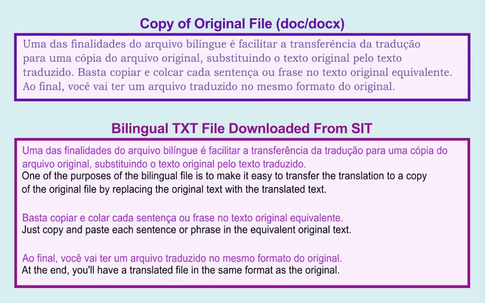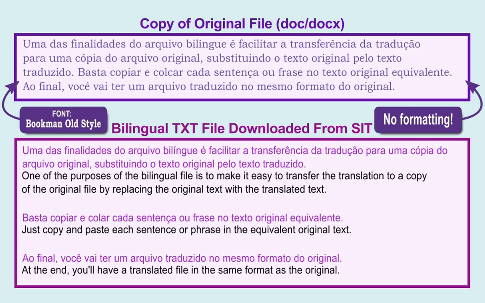Here, we have the original text and the bilingual translated text downloaded from SIT. See how the font of the original text is Bookman old style, but there's no special formatting, such as bold, italic, or underline. In such cases, the job is a whole lot easier.